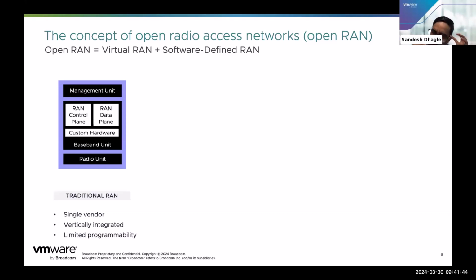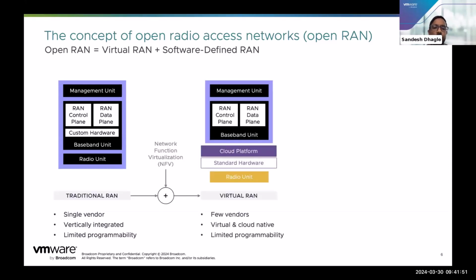We had very limited programmability traditionally, so there was barely anything that you could program in this. Then we had virtualization, which we talked about, where we had the hardware component separate from the software component. Now the software component is separate, and you could put that software on any generic hardware platform.